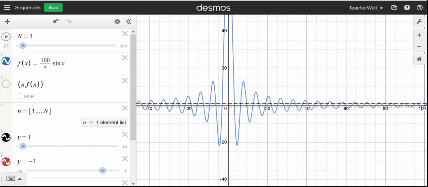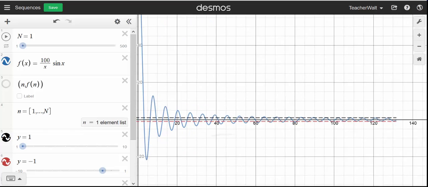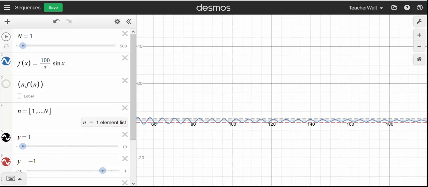When we talk about the limit being 0, what we mean is that no matter what epsilon we choose, we could choose epsilon to be very tiny, 0.001, if we go out far enough on the x-axis, we will come to a point where every function value after that will be contained within those horizontal lines.